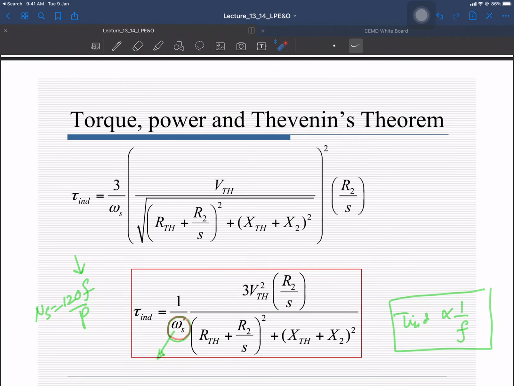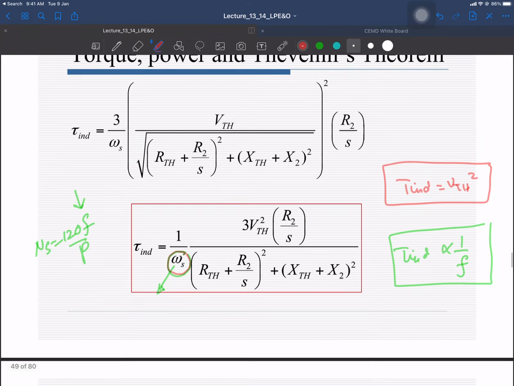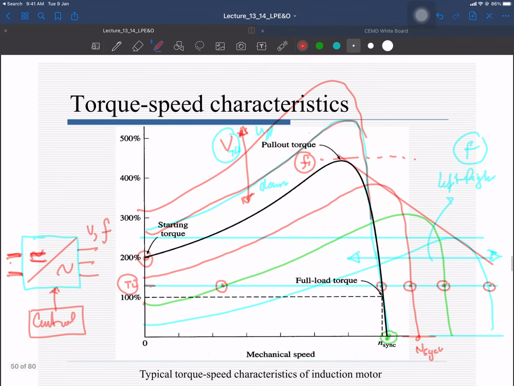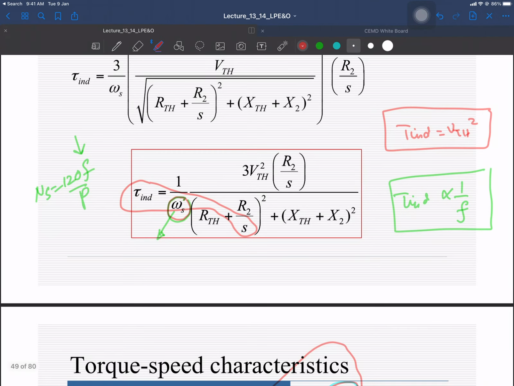Rather, the induced torque is directly proportional to the square of the Thevenin voltage, and the induced torque is inversely proportional to frequency, and the induced torque is linked non-linearly with the slip as well, and this shape of the curve, the torque speed curve, is in front of you that relates the torque and the speed, or slip. So torque depends upon this one.